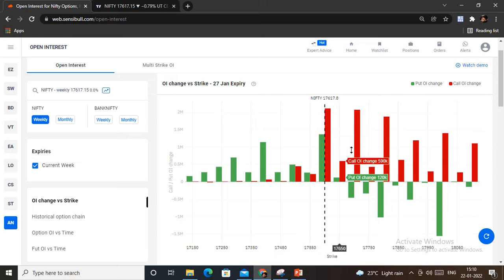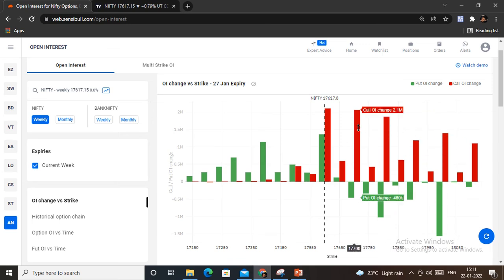Another thing we can just see over here is, see the 17,700, 17,800, these are all what? These are the out of the money call options, right? And see the crowd of option sellers over here. The option sellers are making a crowd by selling these options over here. Okay, so people prefer to sell out of the money options. Why? Because right now, at this point of time, till expiry date, these options have no intrinsic value.